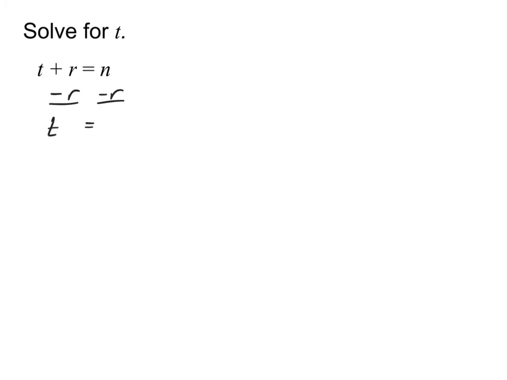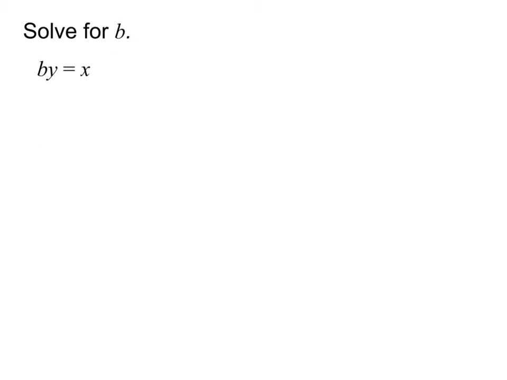So yes, it does go away. And then on the right side, we have n minus r. And we now have what t equals. Remember, we were trying to solve it for t, and we now have t equals, which means we're done. t equals, in this case, n minus r.